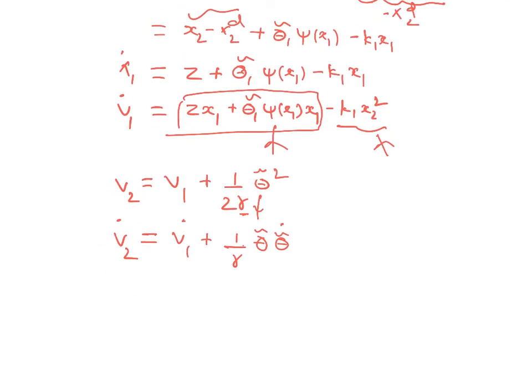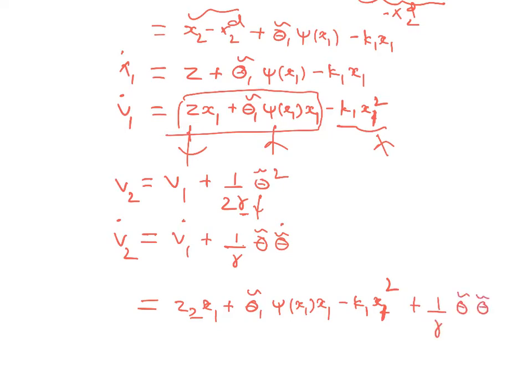So now let's plug in the values of V1 dot. V1 dot is z x1. So from here it is z2 x1 plus theta 1 bar phi x1 into x1 minus k1 x1 squared. It should be x1 squared, and 1 over gamma theta bar dot.